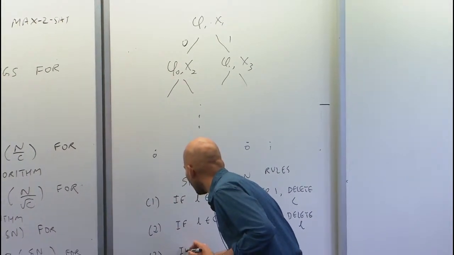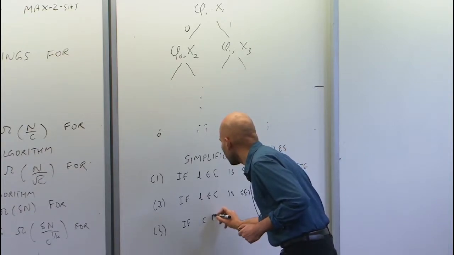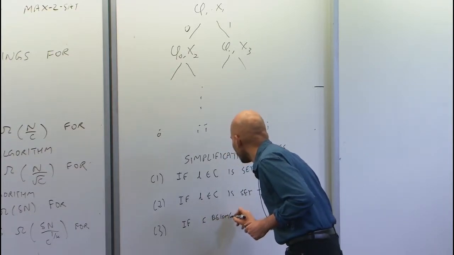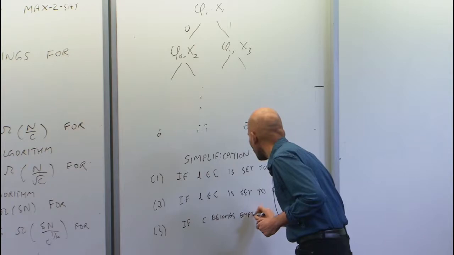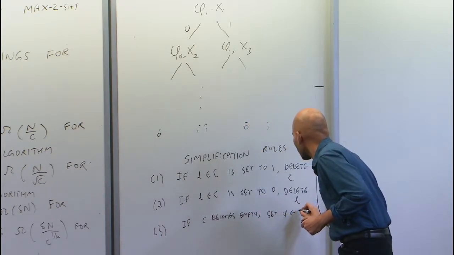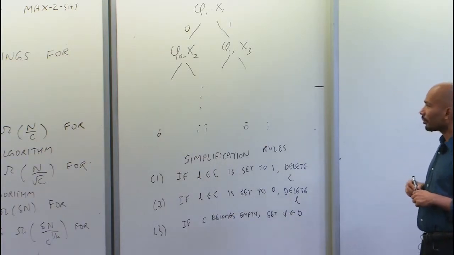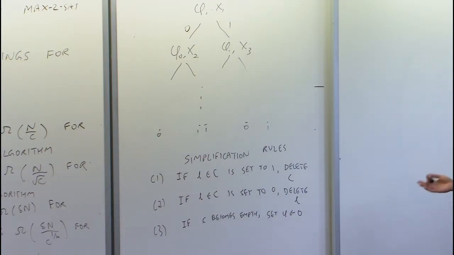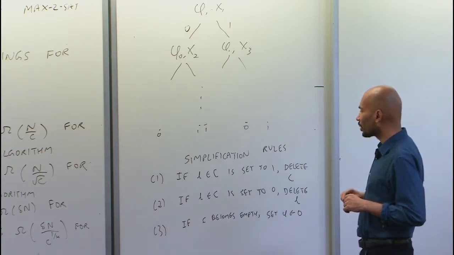And if a clause becomes empty, set phi to 0. If a clause becomes empty, that means it's unsatisfiable, and so you set the whole formula to 0 in that case.